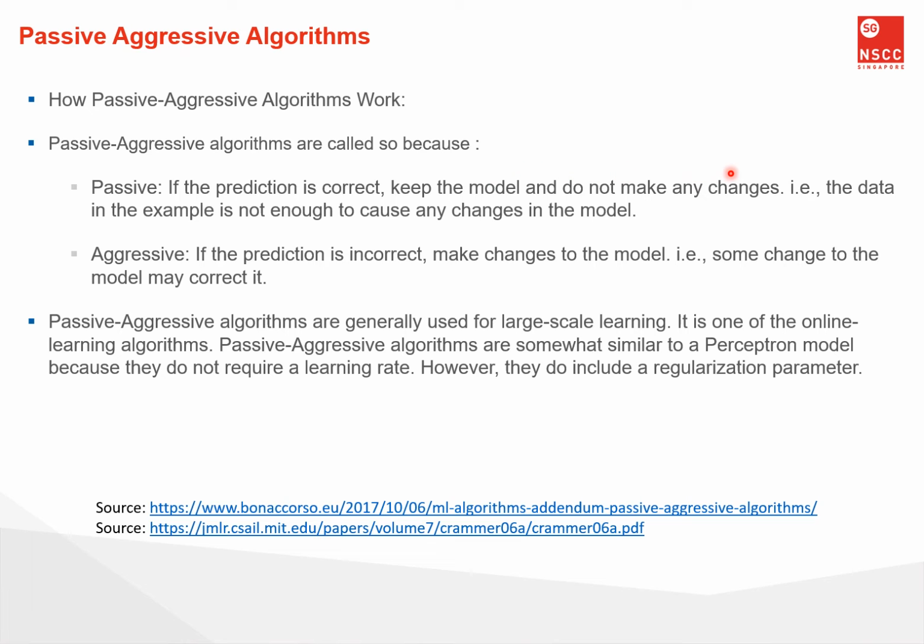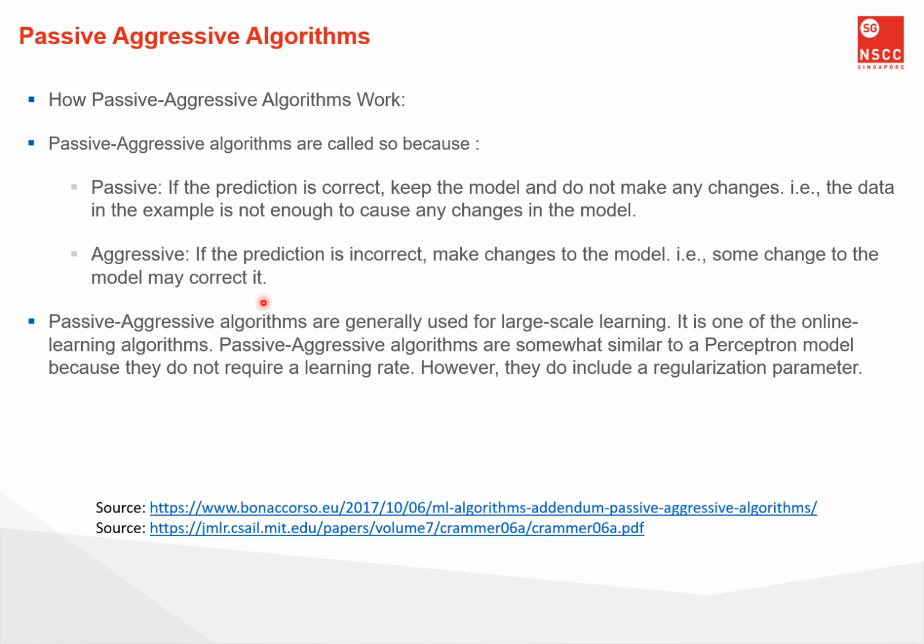So it passively accepts the model as it is, and the data in this example is not enough to cause any change in the model. Now in the aggressive mode, if the prediction is incorrect, then we make changes to the model, and some of those changes may actually correct for the incorrect prediction. So it toggles between these two modes depending on the results of the prediction.